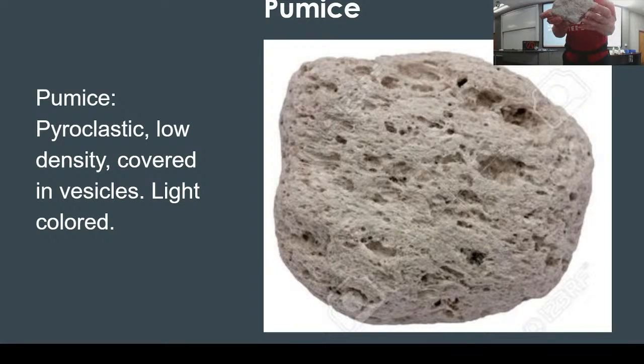And if you can see this pumice here, it's really light. This low density, this is really light. And if you look close, you can see the vesicles within. And vesicles just means little tubules, kind of veins within the rock, I guess you could say, or porous. And so there you go.